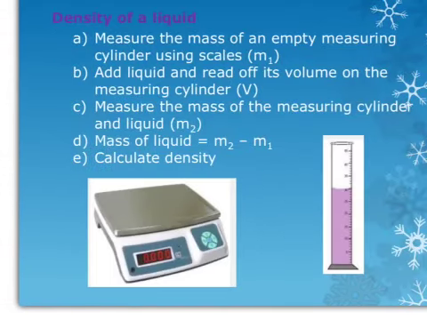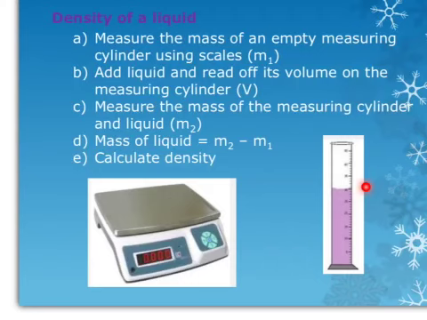Now, let's see how we can find out the density of a liquid. Firstly, measure the mass of an empty measuring cylinder, like this one here, using scales. Put it on here and record it as M1. Then you add liquid into it and read off its volume on the measuring cylinder and call it V. Here the volume of the liquid looks like it's 30 cubic centimeters, so record that.